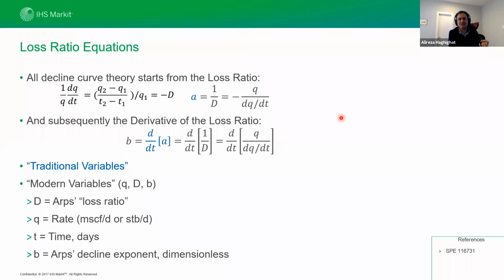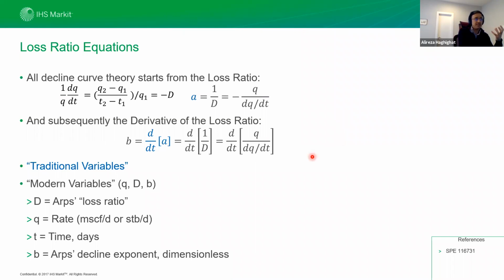So the decline rate is not constant. The decline rate can change over time. So you may start with a sharp decline rate, specifically for unconventionals, and then gradually as time goes on, you see the decline rate flatten or decrease. So that's why we need to understand the behavior of decline rate.